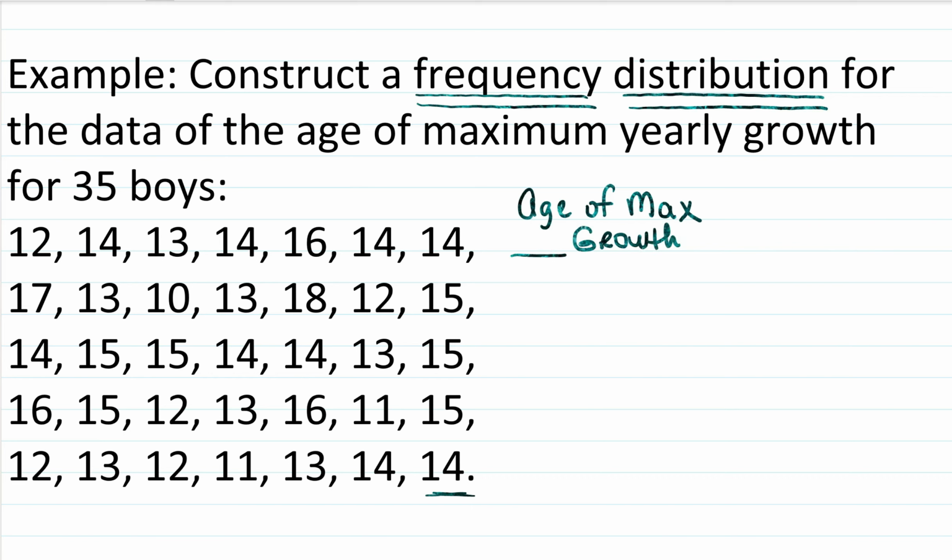Okay, and then next to it we can have the number of boys. The number of boys right here. And the number of boys is actually our frequency. It's going to be what's known as our frequency. So I'll put that in parentheses.